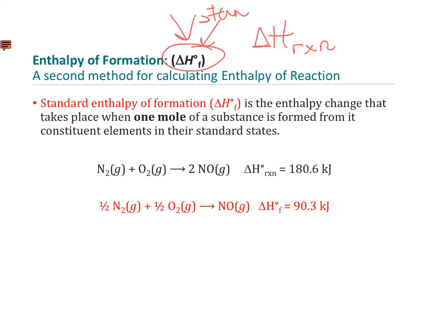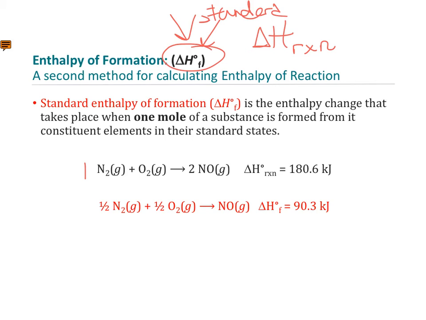Now, enthalpy of formation, I'm first going to give you a definition, and that will be a multiple choice, probably on your first unit test from me, as well as on the standardized finals, so make a note of that. Standard enthalpy of formation is the enthalpy change when 1 mole of a substance is formed from its elements, okay?